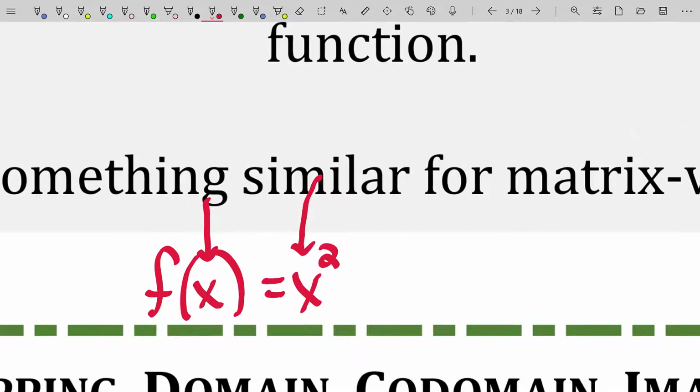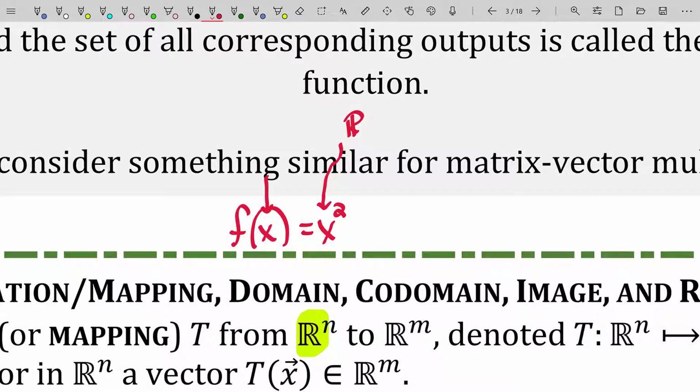So the codomain technically is the real number system. The range of this function would be the subset of the real number system that consists of all non-negative values. So the codomain is the big set, and the actual range is the smaller set. But you never really learned that in your algebra course, so it's forgivable if you did not know it.